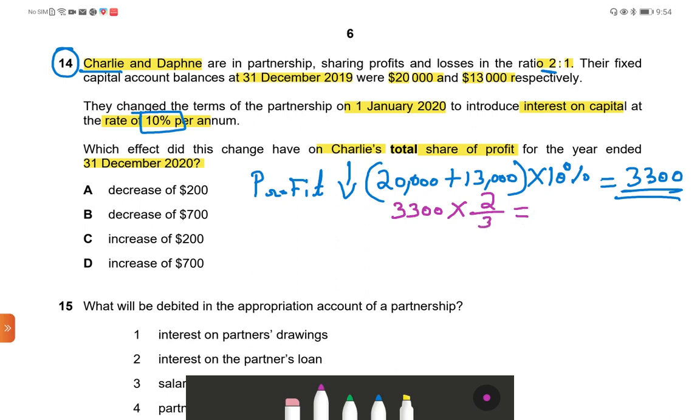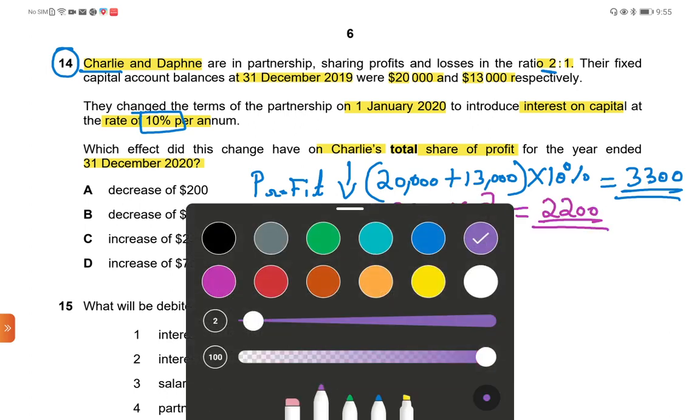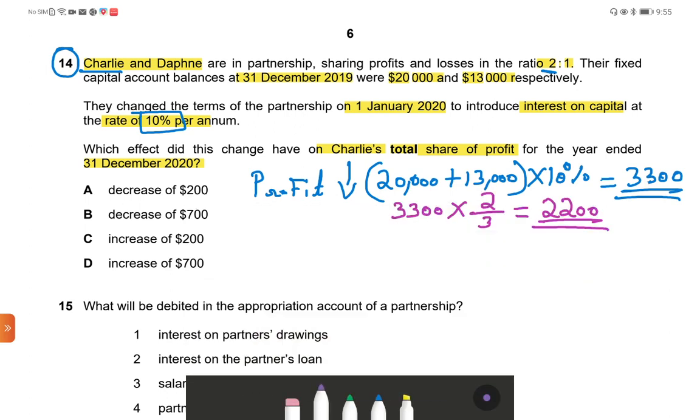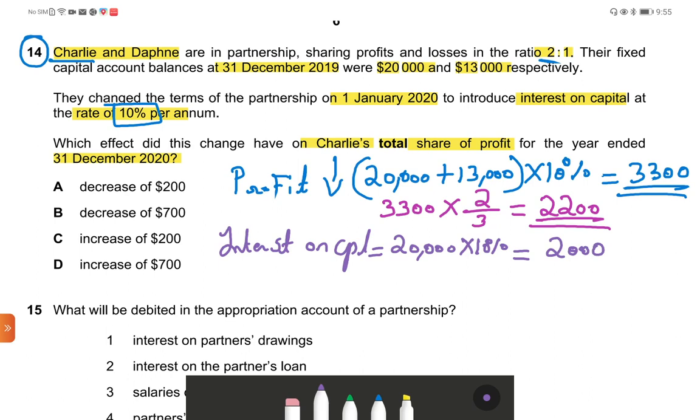He will lose from the actual profit share 2,200. At the same time, Charlie gets some amount, right? Interest on capital. Charlie will get his interest on capital. His interest on capital is equal to 20,000 into 10%. So he gets 2,000 as interest on capital.